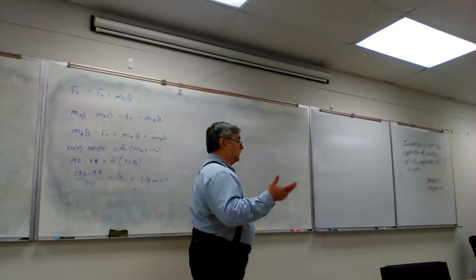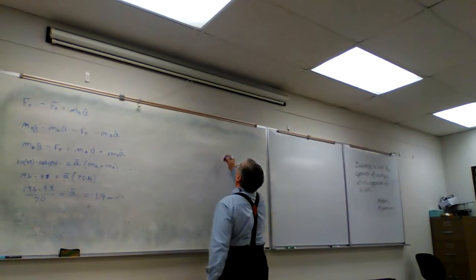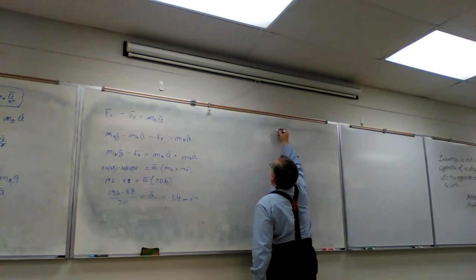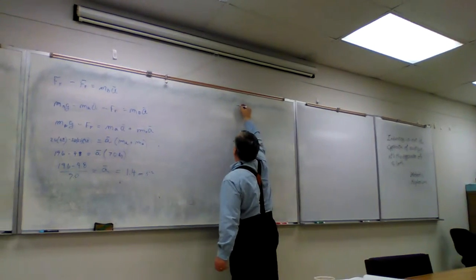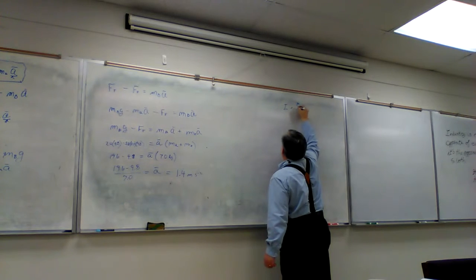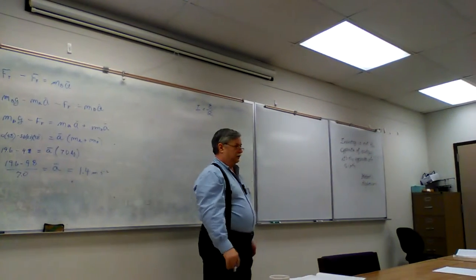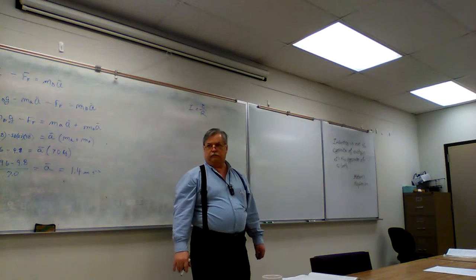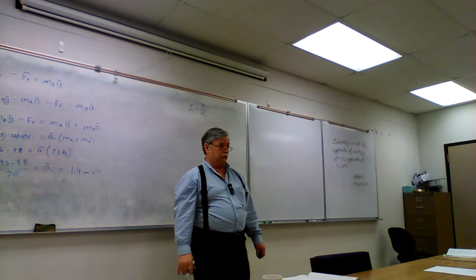Let me give you a counterexample to maybe make this a little more intuitive for you. You know Ohm's law. Everybody here knows Ohm's law, right? I equals E over R. There are 3 unknowns in that equation. And if you know any 2 of them, you can solve for the 3rd one.